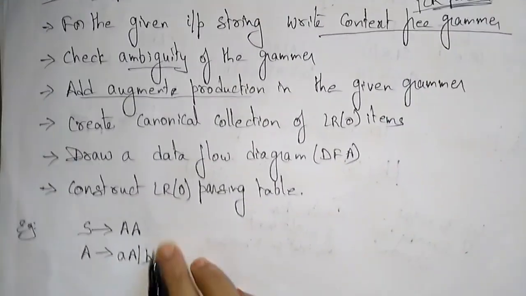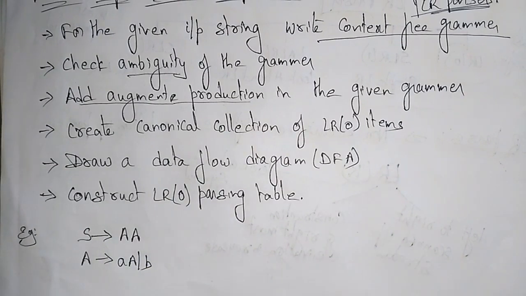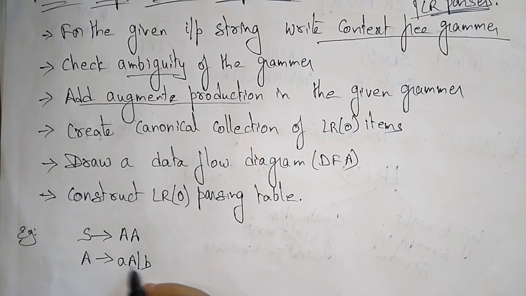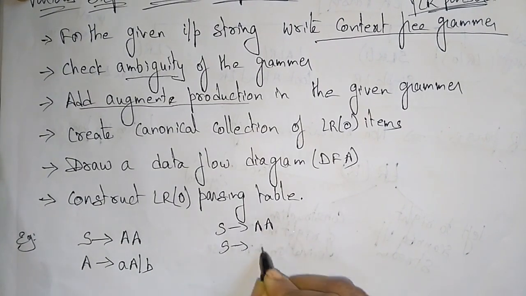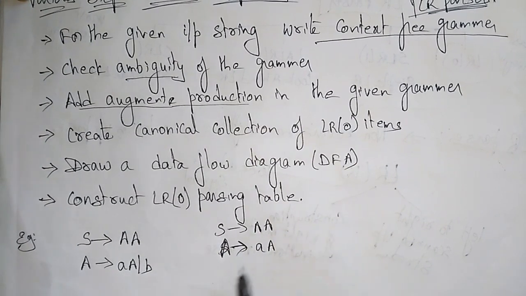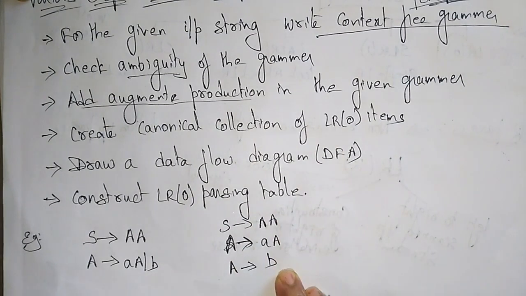Here you can see a grammar with three productions: S produces A, A produces A, and A produces B. So in total there are three productions.